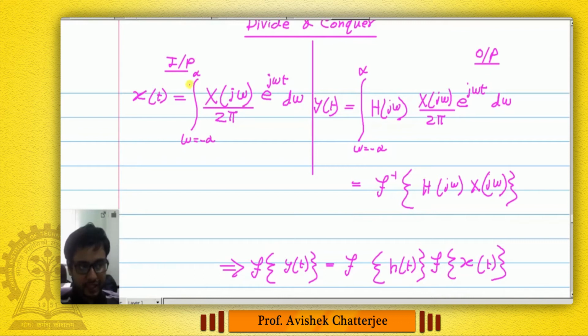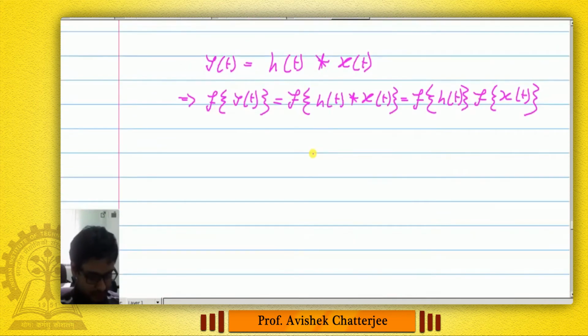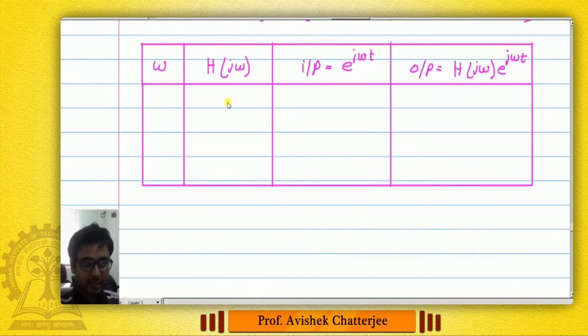I have derived it in this way because I wanted to stress upon the policy of divide and conquer. Because this policy will now allow us to construct an input-output table like this, where we have different omega values in the first column, starting from minus infinity, then 0, then plus infinity.